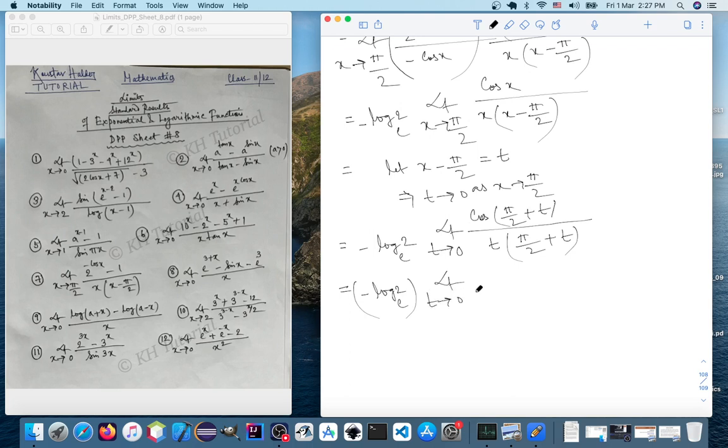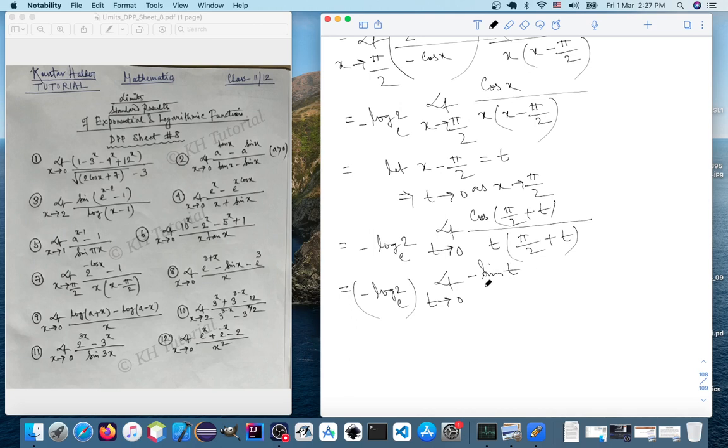What is cos of pi by 2 plus t? Pi by 2 plus t, angle is in the second quadrant, so this will be minus sin t, and we have the t in the denominator.